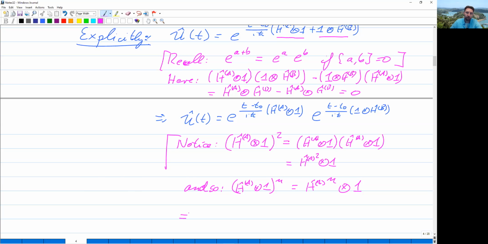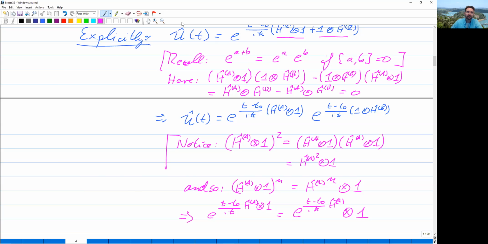And therefore, we also have that e to the power of (t minus t naught) over i h bar, and then h hat A tensor the identity, is equal to e to the power of (t minus t naught) over i h bar h hat A, and down here tensor the identity. And the same is true, of course, for 1 tensor h hat B.